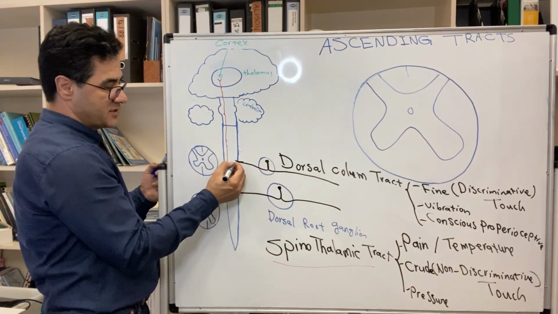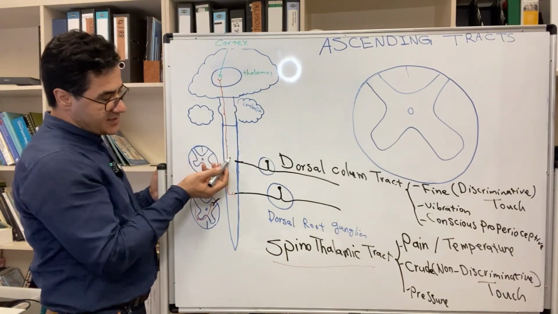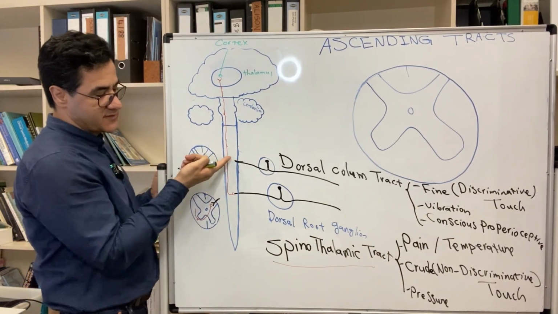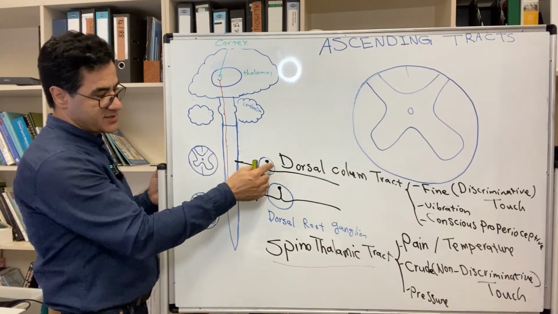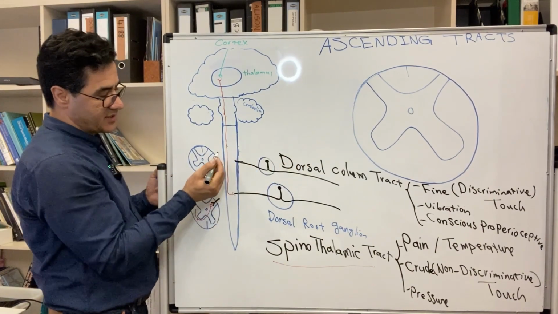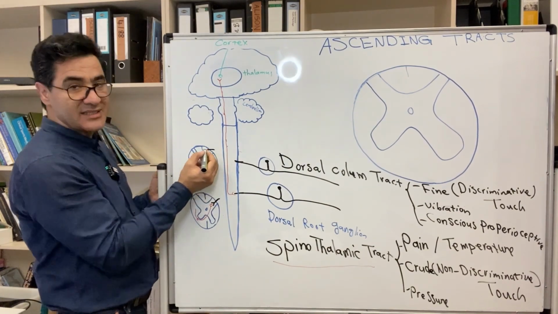When it's getting into the spinal cord, what will happen? Imagine that you take a cross section through the spinal cord, and this is the central branch of the first order neuron of this tract. It directly gets into the dorsal column.